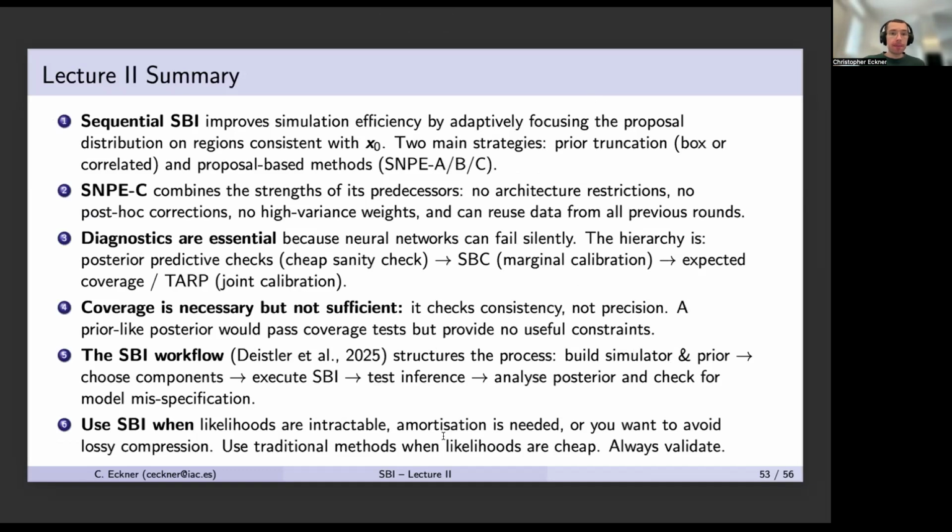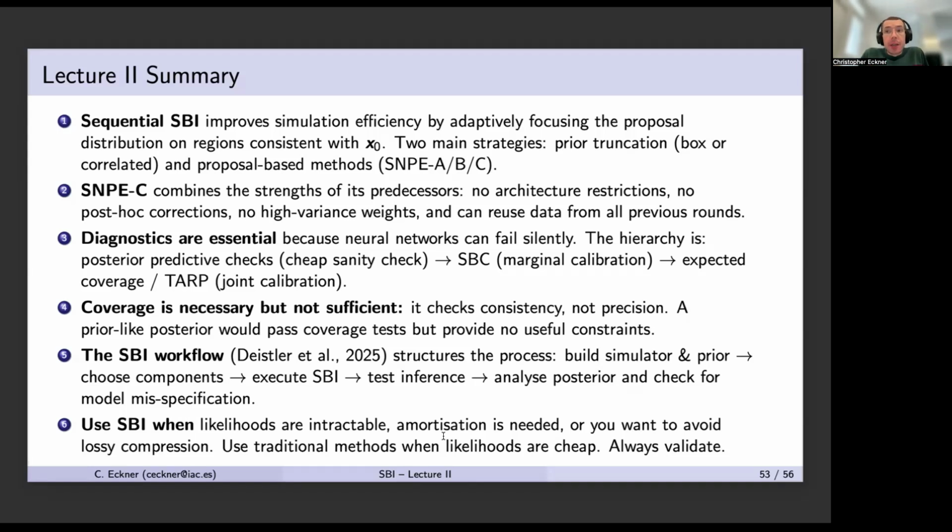Right, and then yeah, let me come to the summary, at least of these more technical parts. So today we had a look at sequential simulation-based inference, which is a way to focus on a particular target observation instead of doing it in one round and having an amortized posterior.